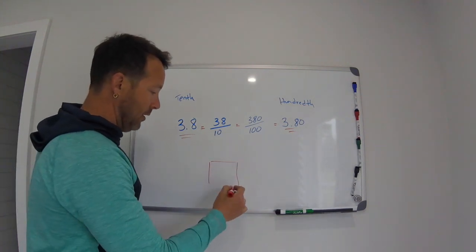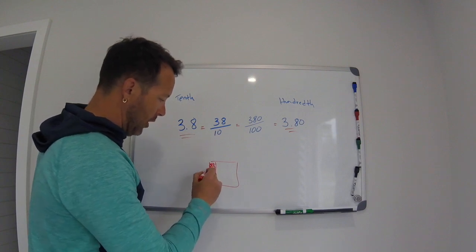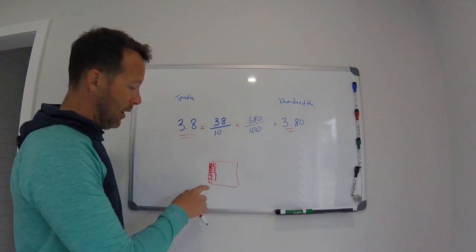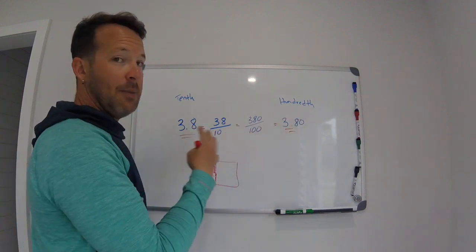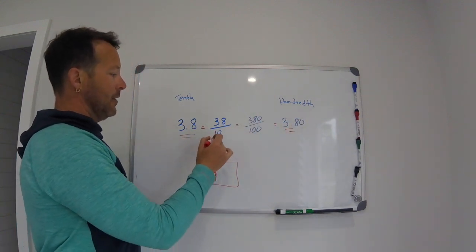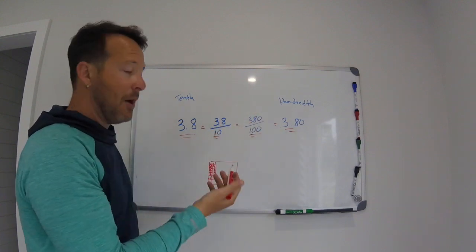If they're broken up into hundreds, I didn't color any more. We still have the same amount. So whether this is divided into tens or into 100s, it's the same amount of things.